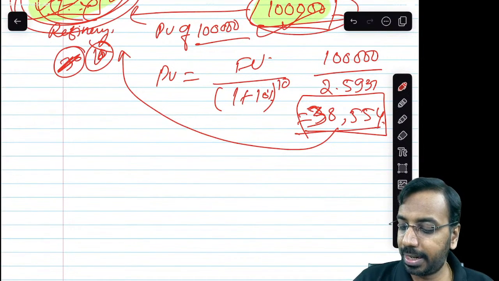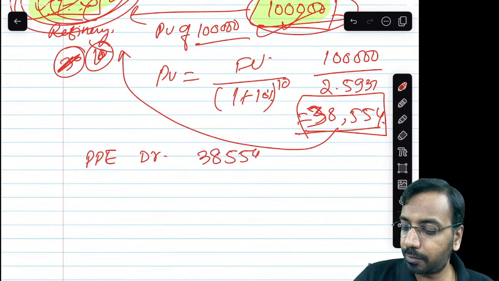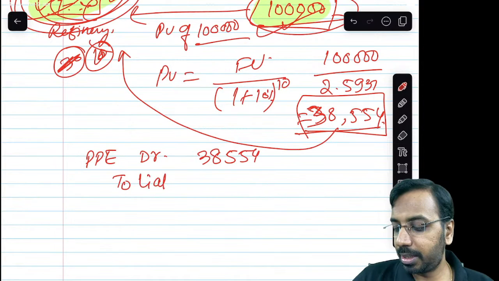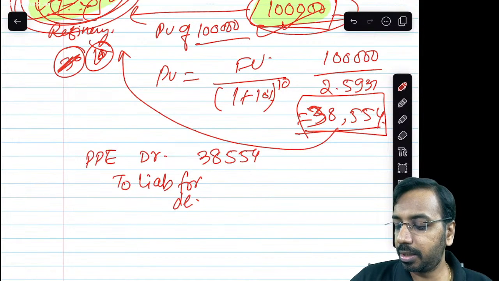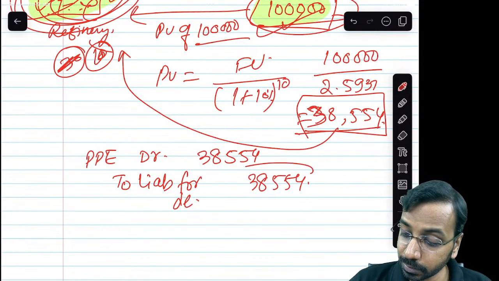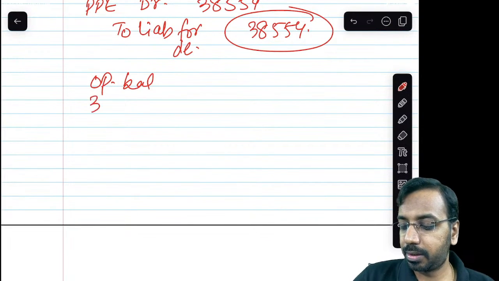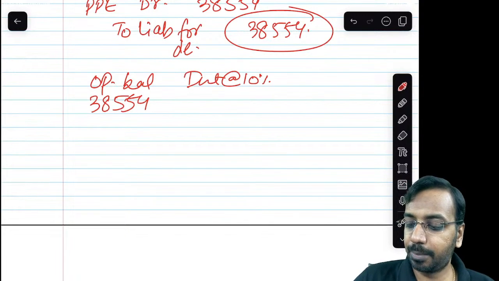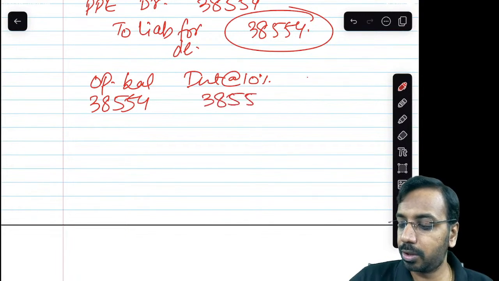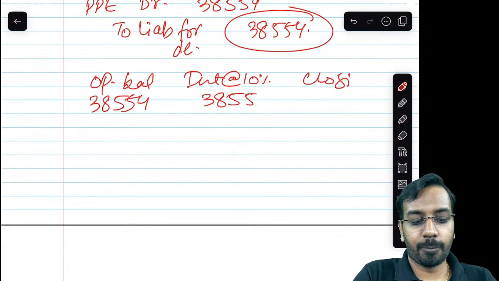Now the entry will be PPE debit 38,554 to liability for decommissioning 38,554. Now this 38,554 is the opening balance. Every year you will have to add interest at 10%. So your closing balance will be 38,554 plus 3,855, which is 42,409.